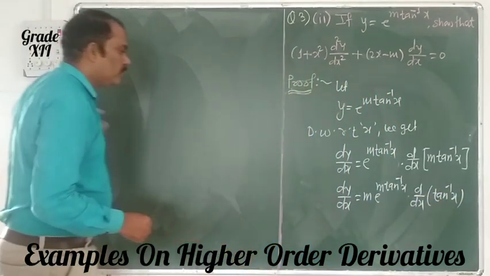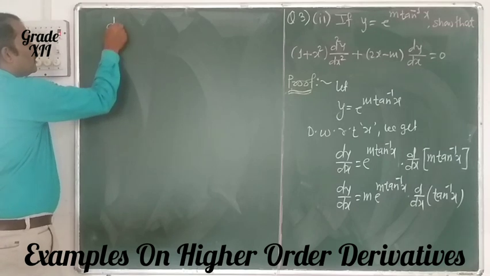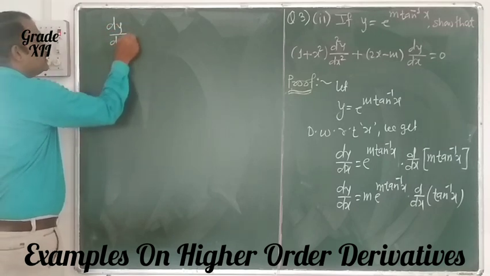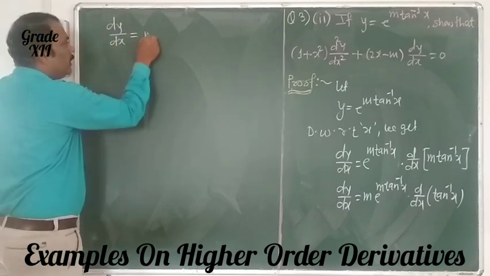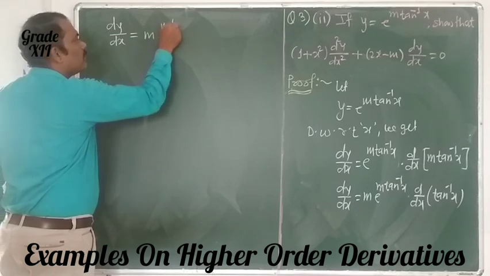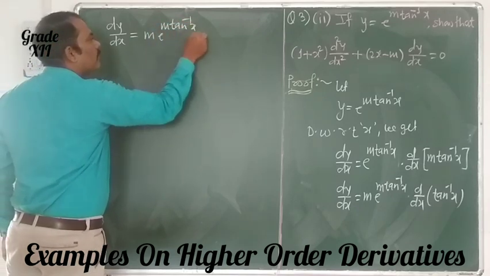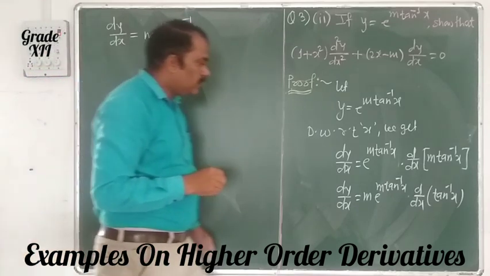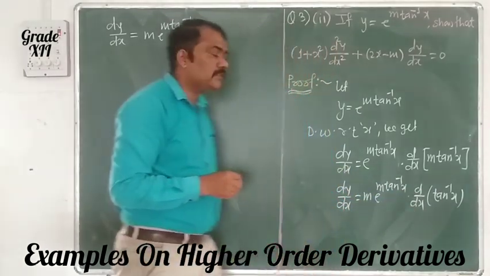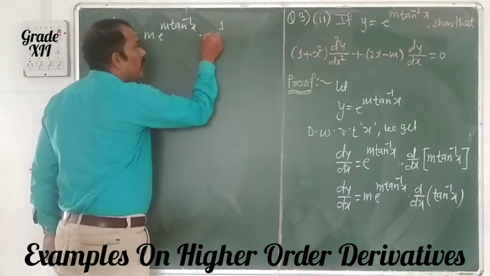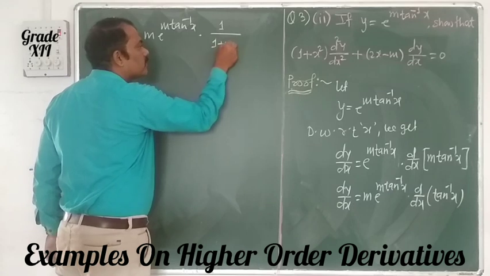So dy by dx is equal to m into e raised to m times tan inverse of x into, what is the derivative of tan inverse of x? It is nothing but 1 upon 1 plus x square.